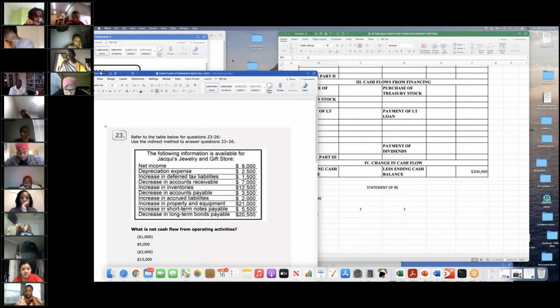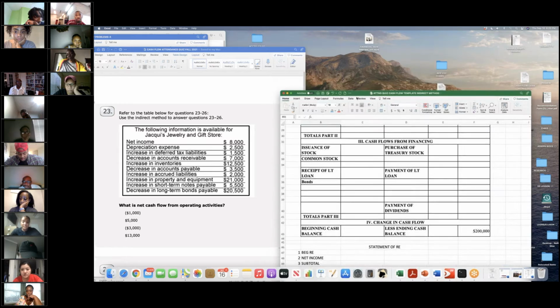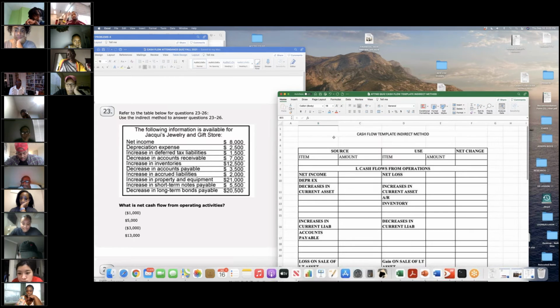So in this problem, it tells you the net income is 8,650,000. You simply drop in the 8,000 here. Then it tells you depreciation expense of 2,500. You drop that in.